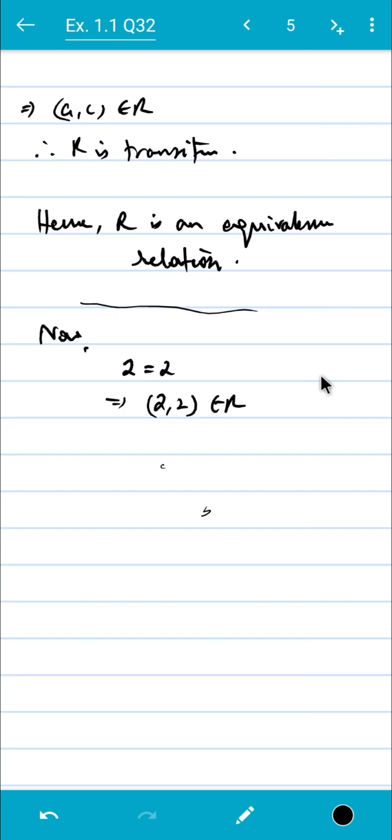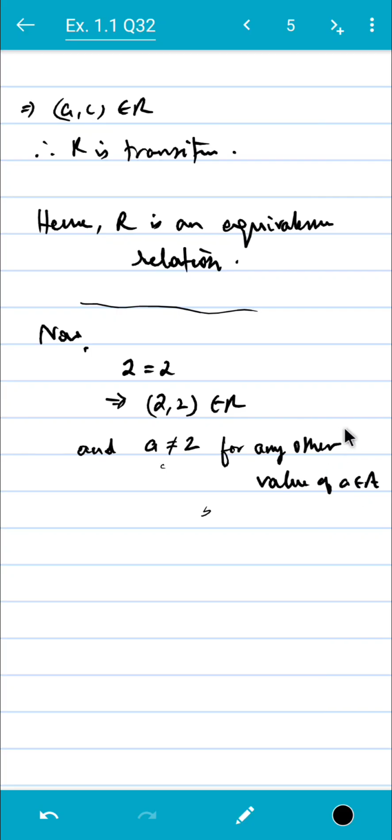So I think here we have to mention somehow that this doesn't work for any other number from 0 to 17. (2, 2) belongs to R. Then we can say and a is not equal to 2 for any other value of a belongs to A. So it works only for a equal to 2.